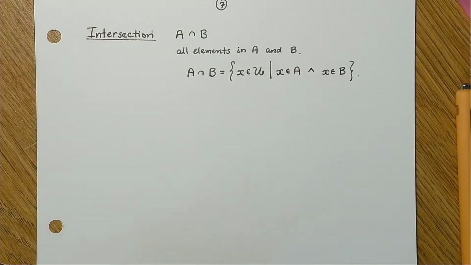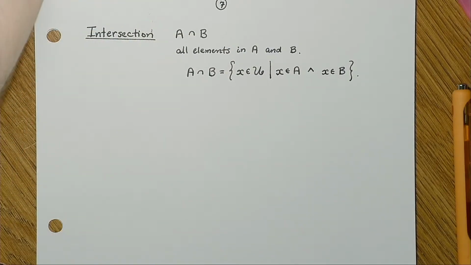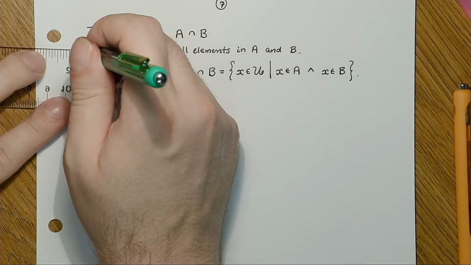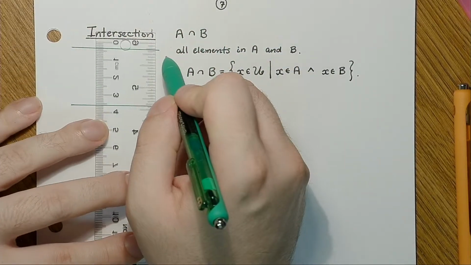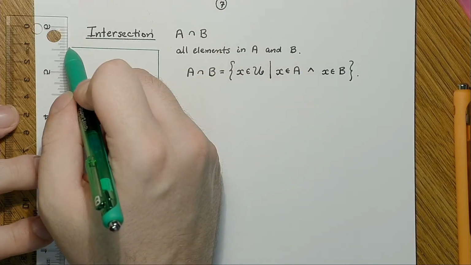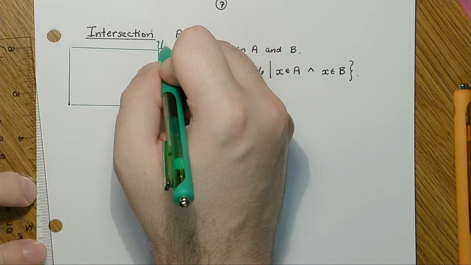Okay. So the Venn diagram for this, so here's my universal set.